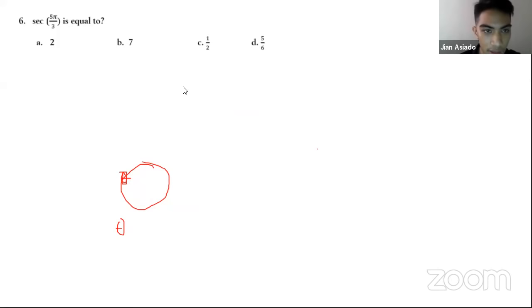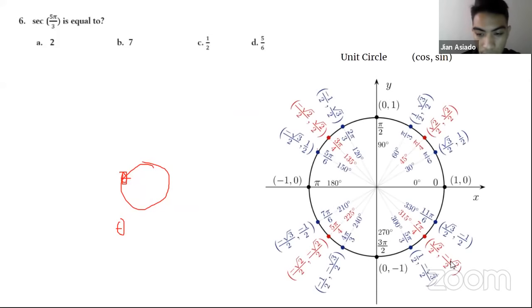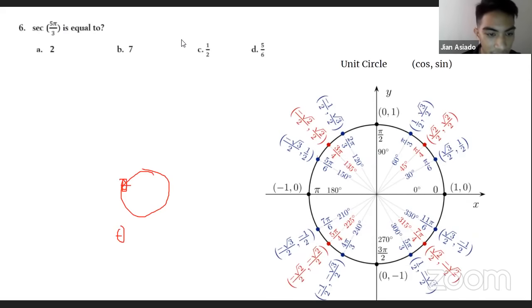Okay, for number 6, secant of 5 pi over 3. Where do we find 5 pi over 3? Secant is the reciprocal of cosine. So secant theta is equal to 1 over cosine theta.